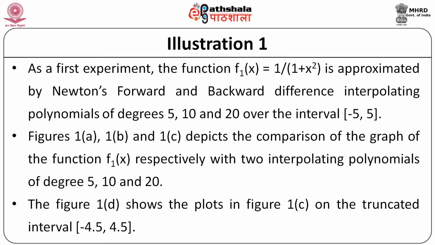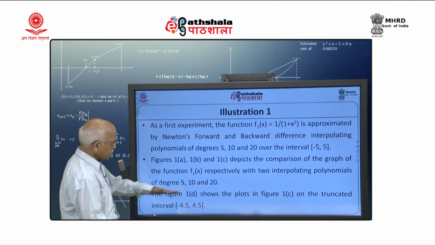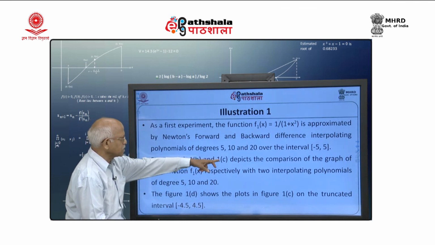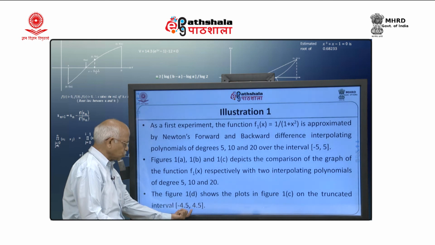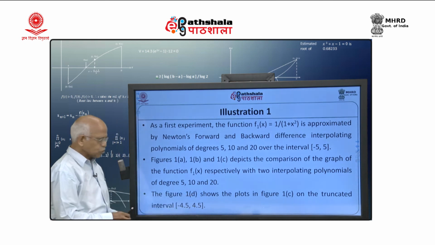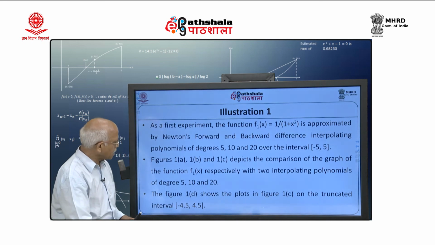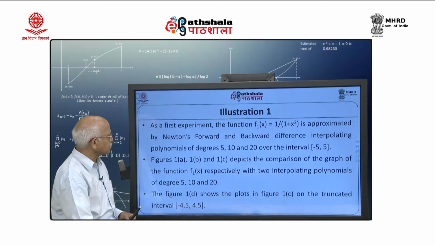Now, because the error at the end points is so large that I am not getting a clear picture, I am truncating this interval slightly and repeating the third graph, 1c, in 1d. So, I am restricting my attention only to the interval minus 4.5 to plus 4.5 and trying to get an idea of what happens in that interval.